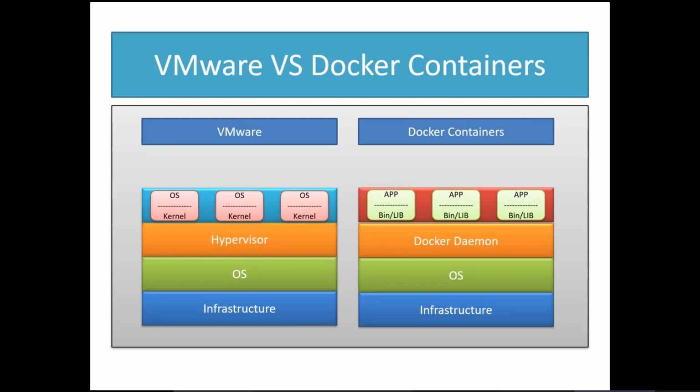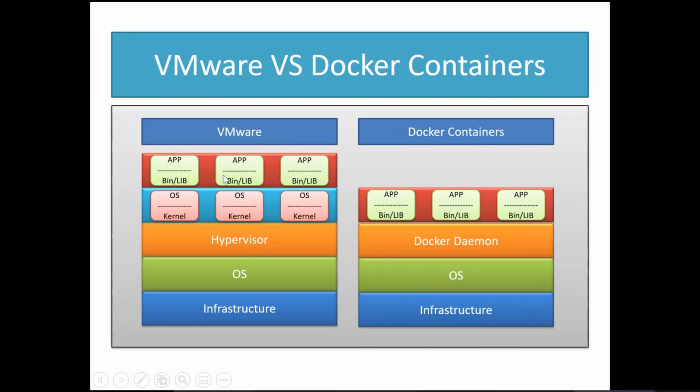Whereas those resources can be used for all your Docker containers. For example, all those resources that are allocated for the OS when it comes to a VM, you can use that for your container. And then on top of that, you have your application requirement.